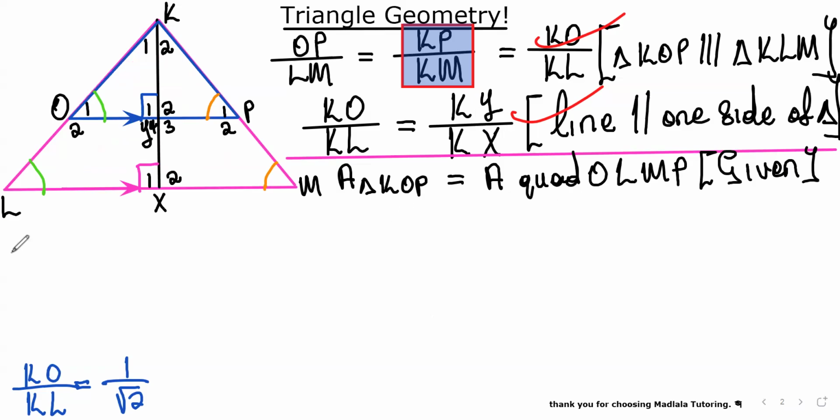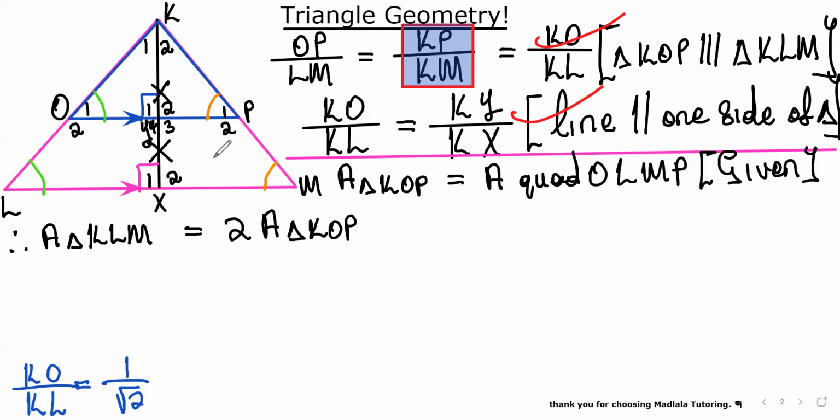That's what it means. So it means the area of triangle KLM must be twice as much the area of triangle KOP, if it is given that those two are equal to each other.